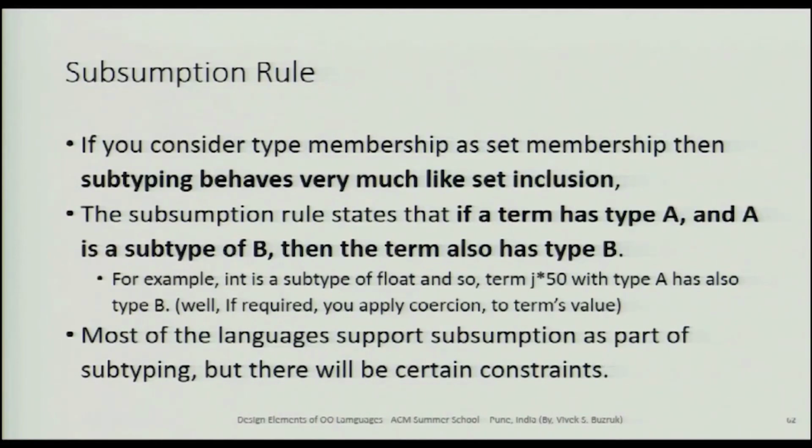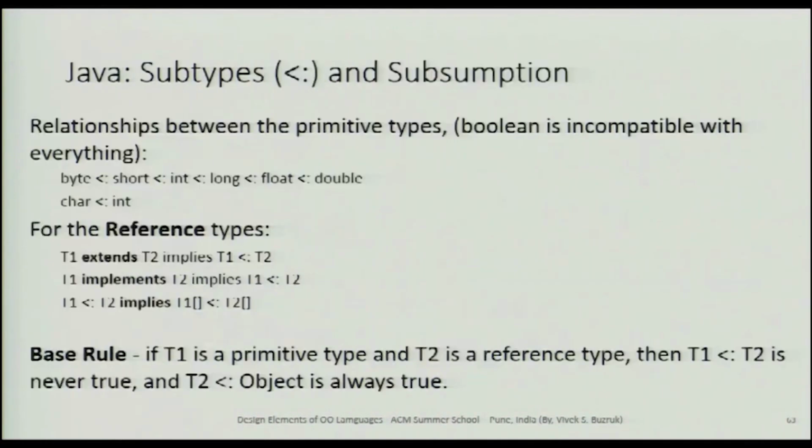That subsumption rule, which says that if a term has a type A and A is a subtype of B, then the term also has type B, is not applicable in case of generics. Polymorphism, whenever we are talking here, we are talking about how a list of T1 is not a subtype of list of T2.